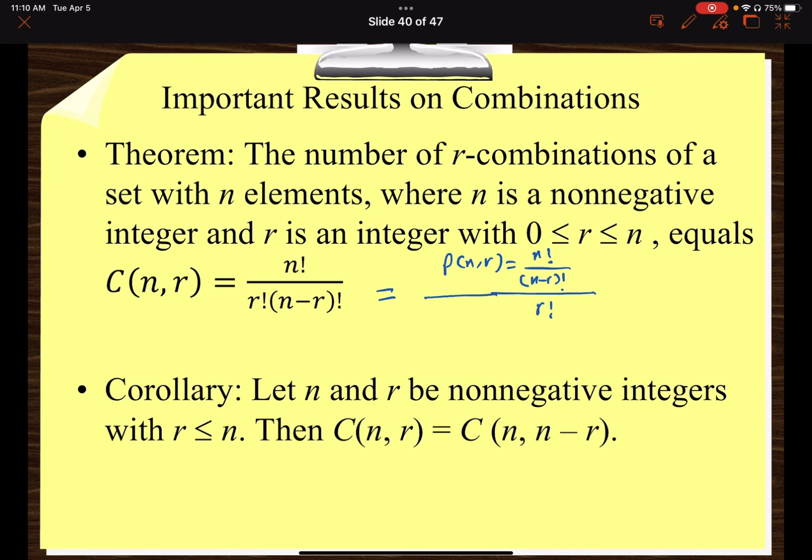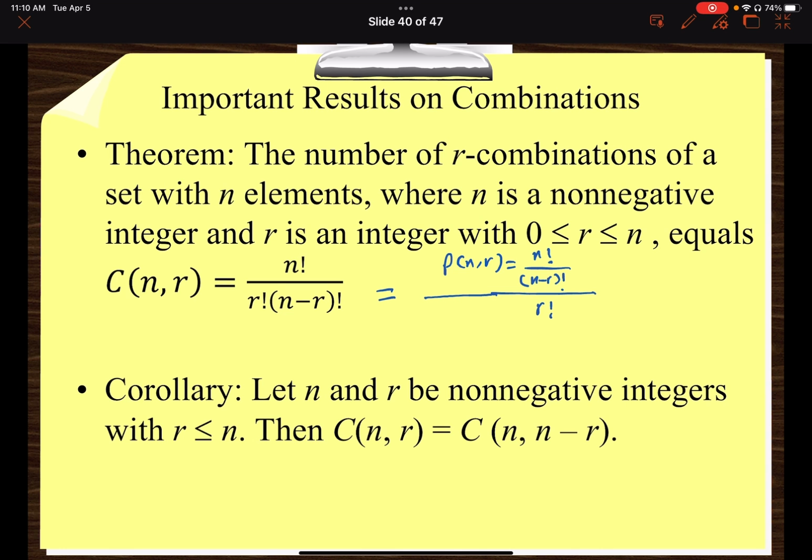Hint, it's very easy. Just plug in C(n, n minus r) here.